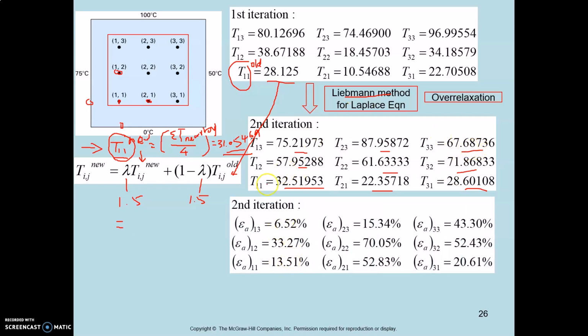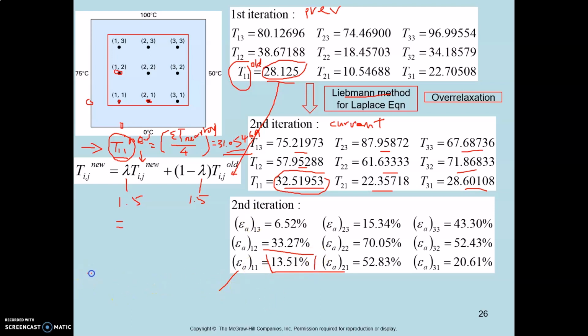Then we want to compute the error. The approximate error for the first point, we have to refer to this data. The second iteration is the current data, and the first iteration is the previous data. So you take the current minus the previous, divided by the current, and then you multiply by 100%, and you should be able to get this answer.